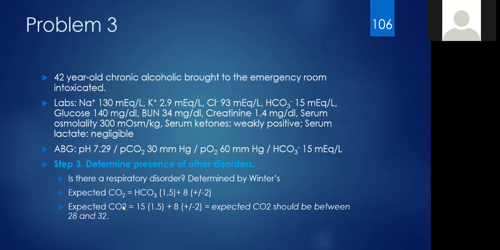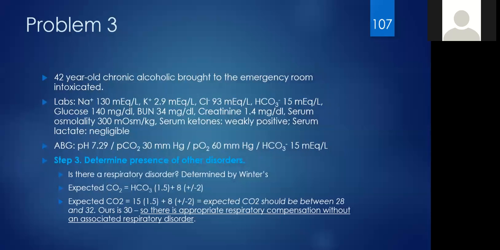And our actual CO2 is 30, right in the middle. So based off Winter's formula, we know there's not an accompanying respiratory disorder. That tells us there's been appropriate compensation without any other underlying respiratory disorder at the same time.